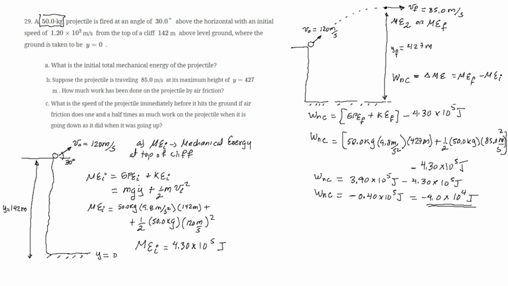Well, we know that the mechanical energy initial will be equal to the mechanical energy final plus the work done by the non-conservative force. We are taking the work positive.